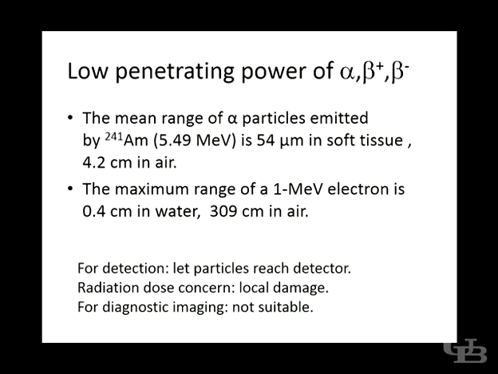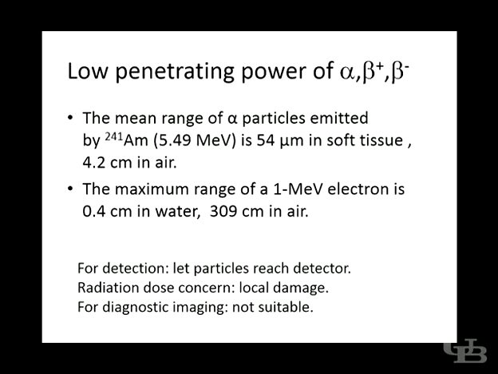For an electron, in the same type of material, the range would be 0.4 centimeter in water and 309 centimeter in air. That means it can go much farther than the alpha particle.